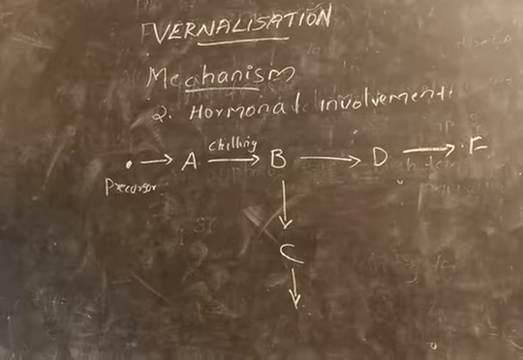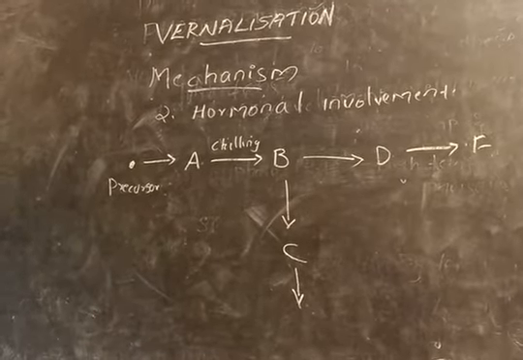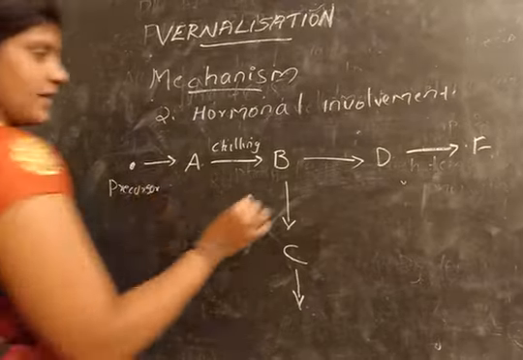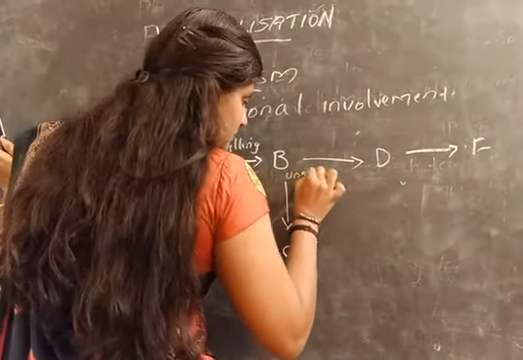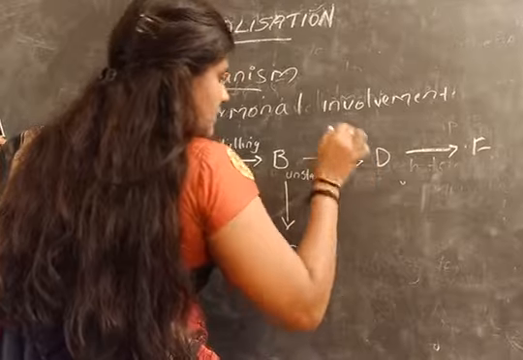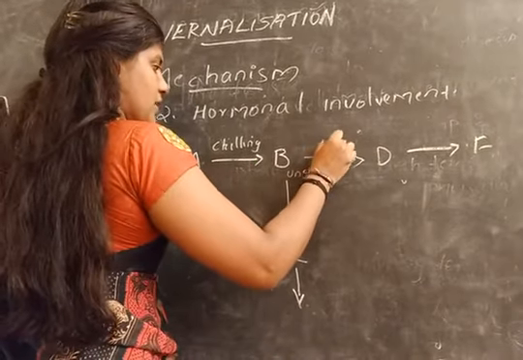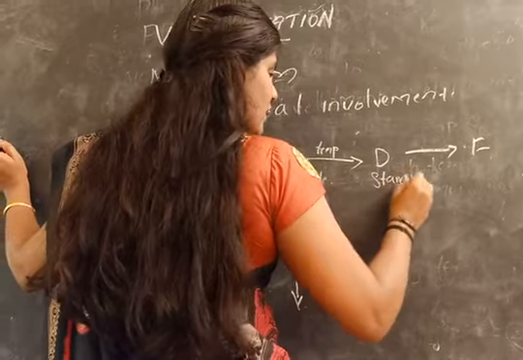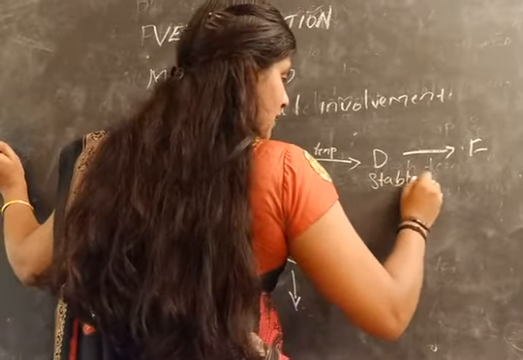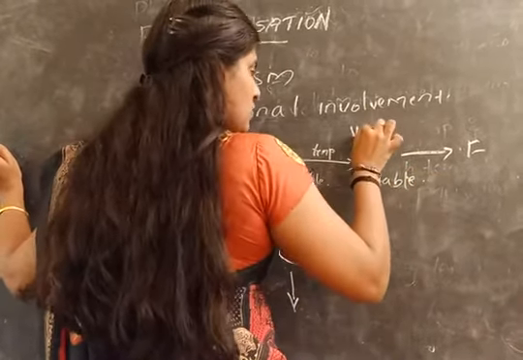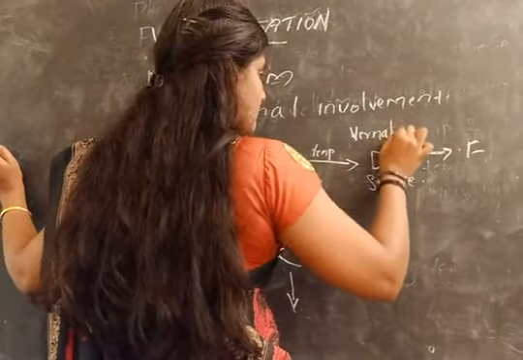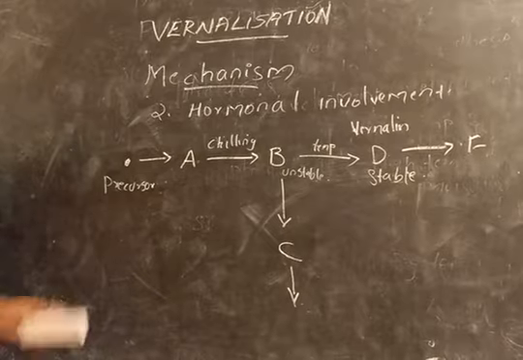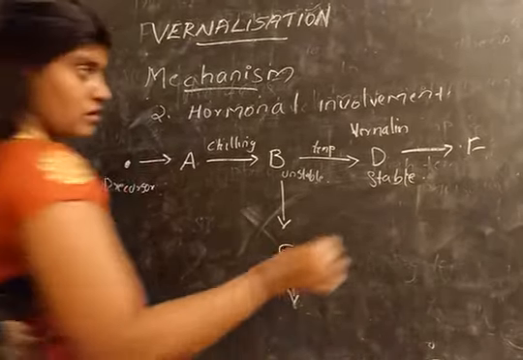At a suitable temperature, the B is converted to a stable compound D, called vernalin. And this vernalin is converted to F, called florigen.